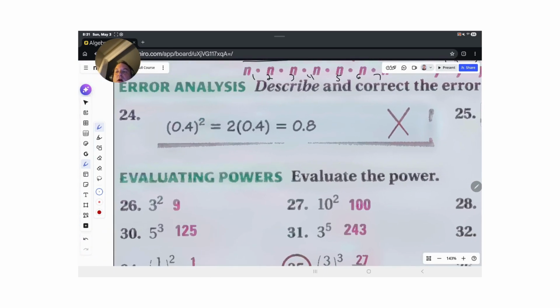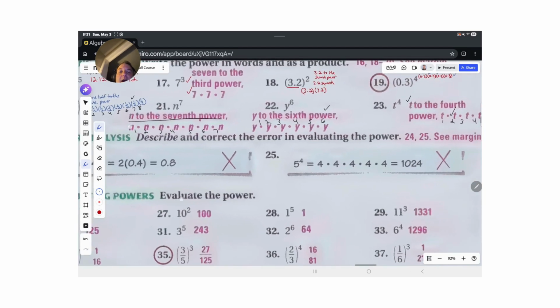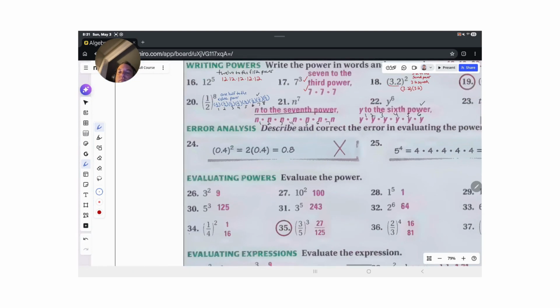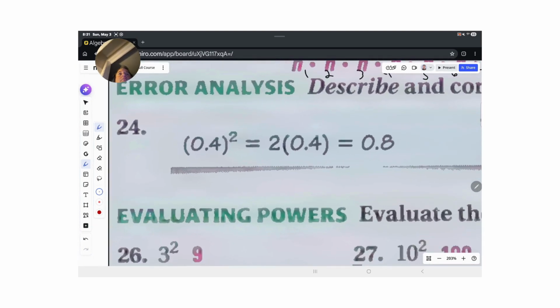All right, let's take a look at 24. Describe and correct the error in evaluating the power. So the error is treating the exponent as a multiplier instead of a repeated multiplication instruction here, right? So what does squared actually mean here?